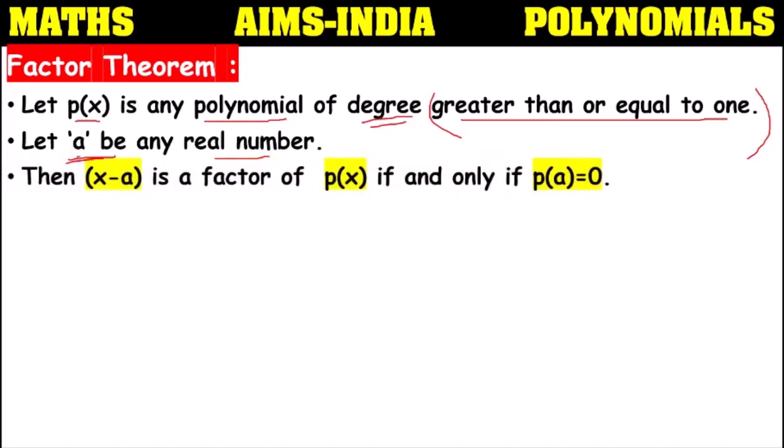Then x minus a will be considered as a factor of p of x if and only if p of a equal to 0. So already we have learnt in the remainder theorem, for p of x, if a is any real number, then p of a will be considered as the remainder.